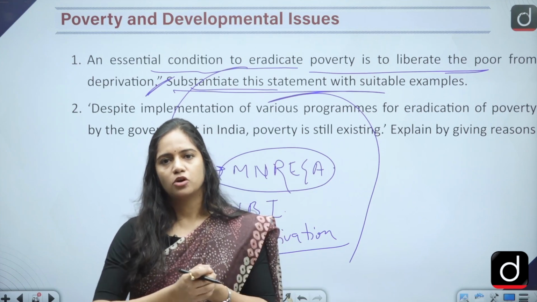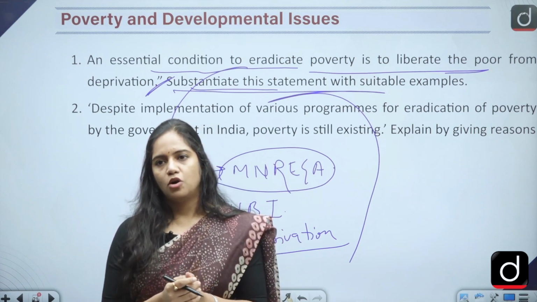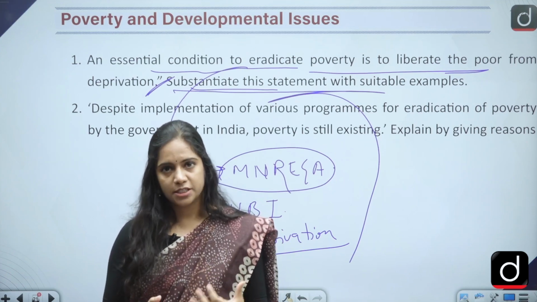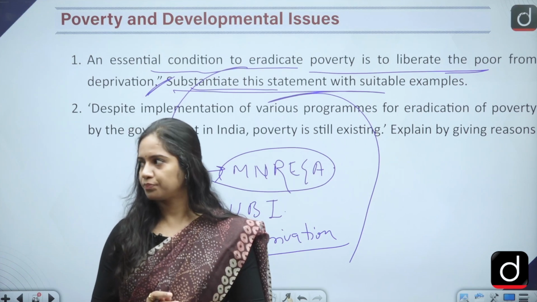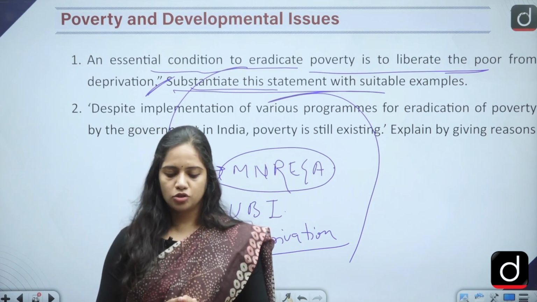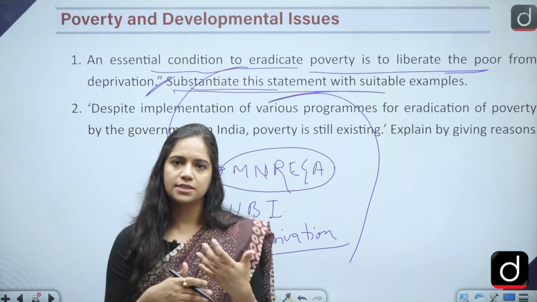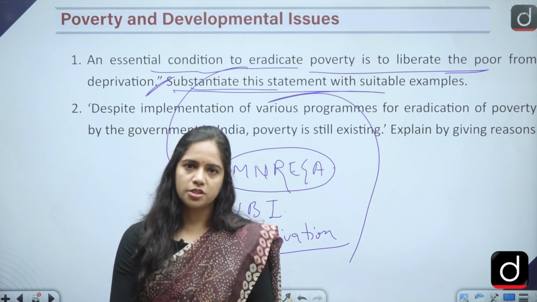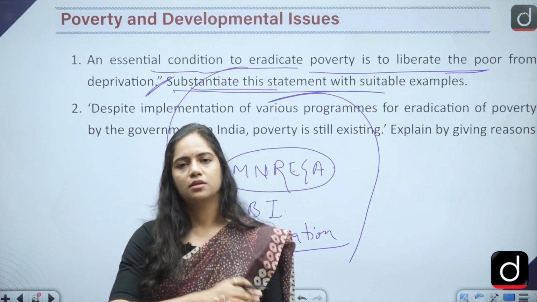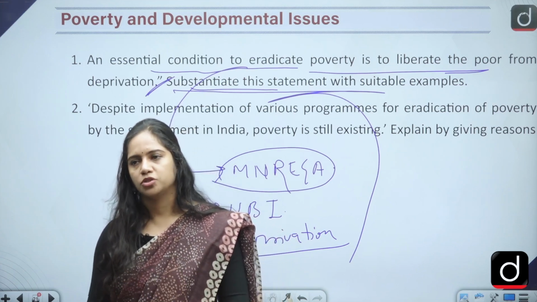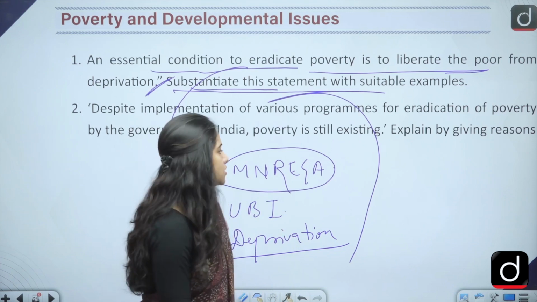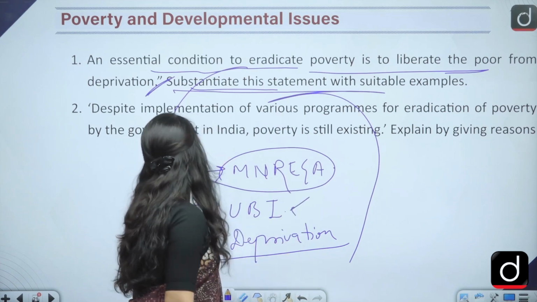See, the poor is not poor because of something of his own doing. He is poor because certain opportunities are not available to him. So you need to provide those opportunities, and it is the responsibility of the state to bring the poor out of poverty by providing enough employment opportunities. So this is what this question was asking.